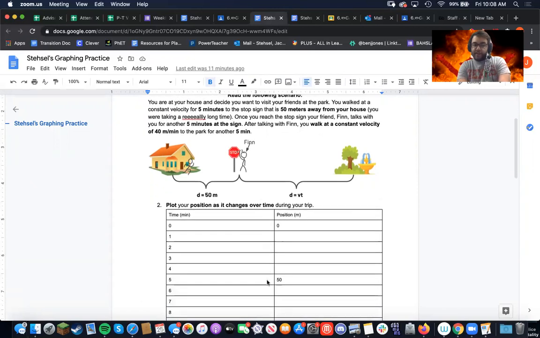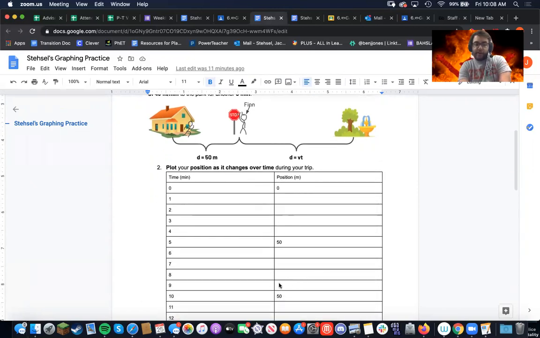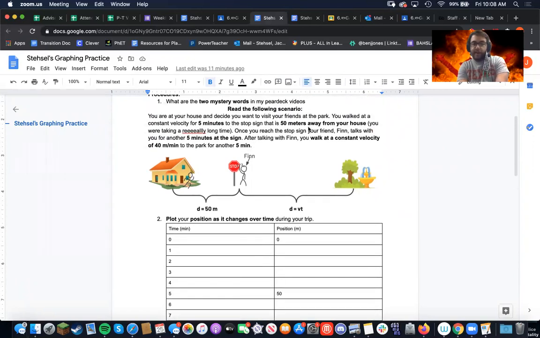It is a really slow velocity, but it is constant. Some of you figured it out earlier, but you went all the way up to 10 seconds, or 10 minutes. That makes no sense because the problem says you reach the stop sign and then stop and talk for 5 minutes. So if you're stopping and talking, is your position changing at all? That's my hint for this, okay?